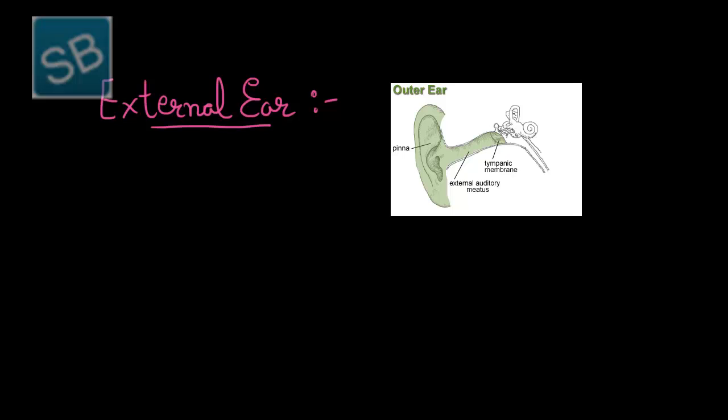This image shows the structure of outer ear or external ear. Now, as it can be seen from the figure, the external ear basically consists of two most important parts, that is pinna and external auditory meatus.